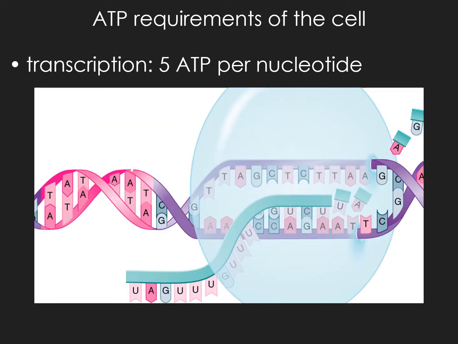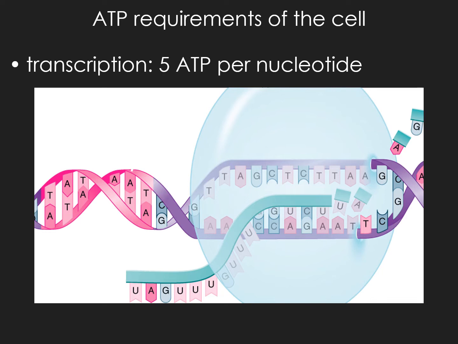In addition, the cell needs to make all of the proteins that will both become the structure of that new cell. Think of something like peptidoglycan, and all of the enzymes that that cell is going to need in order to do all of the jobs that the cell needs to do.